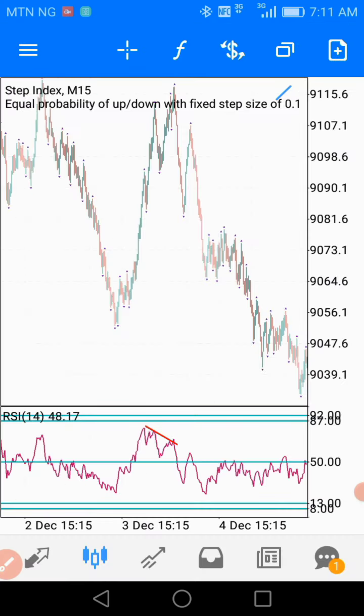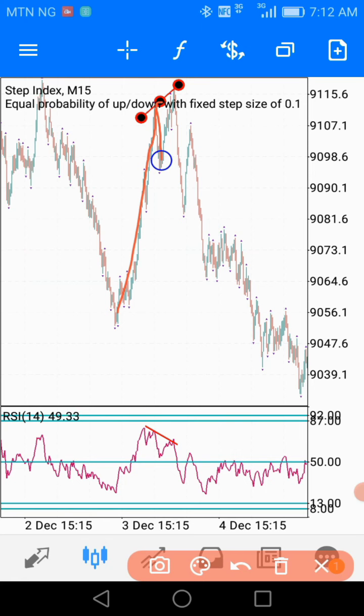Yes, now you discover that it happened here. Price was on a bullish move from here, and then it got to this point, it came down and then made another high, so that this becomes higher than this. But then take a look at the correspondence. What happened?